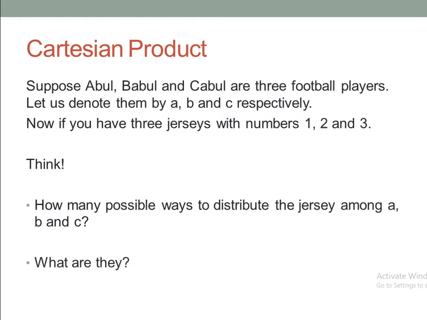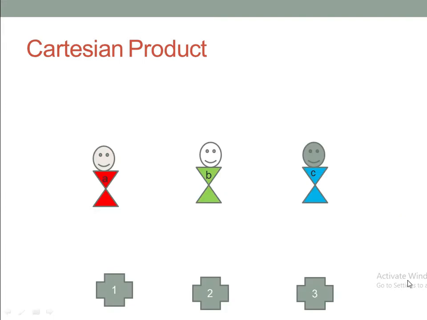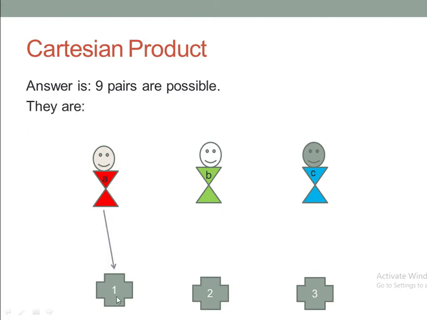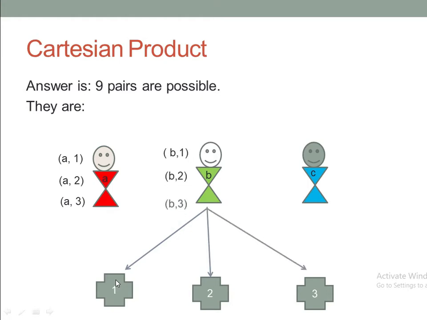What are the ways? Here is a picture showing Abul, Babul and Kabul. The red person is Abul, the green person is Babul and the blue person is Kabul. 9 pairs are possible. How? Abul can be related with jersey 1, Abul can get jersey 2, Abul can get jersey 3, and also Babul can just get jersey 1, Babul can get the jersey 2, Babul can get the jersey 3.